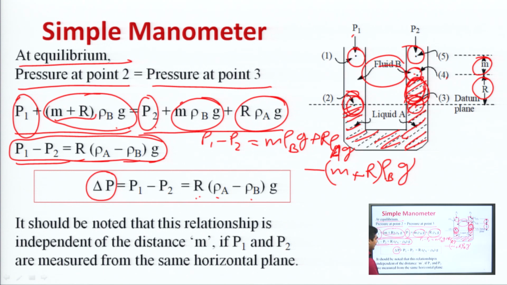It should be noted that this relationship is independent of the distance m. If P1 and P2 are measured from the same horizontal plane, then m does not play any role in the measurement of pressure difference in a simple manometer.